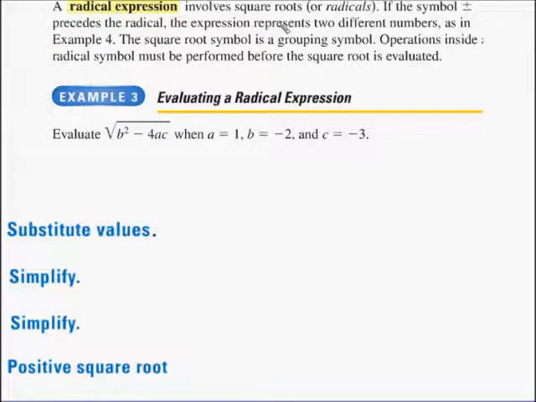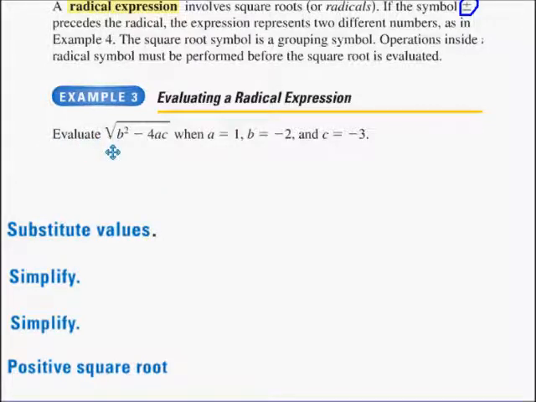It says a radical expression involves square roots or radicals. If this symbol, plus or minus, which we were talking about before, precedes a radical, the expression represents 2 different numbers, as in example 4, which we will get to. The square root symbol is a grouping symbol. Operations inside the radical symbol must be performed before the square root is evaluated. So here's our question.